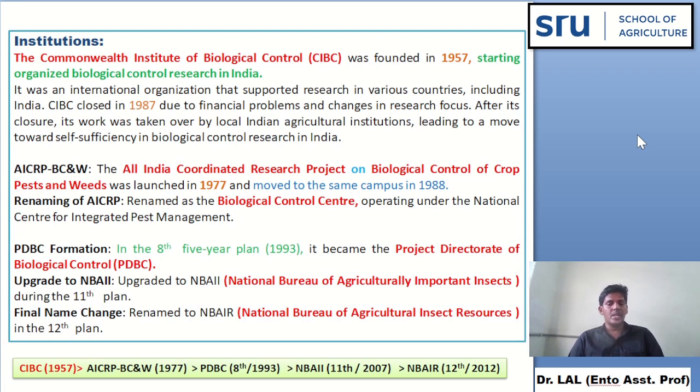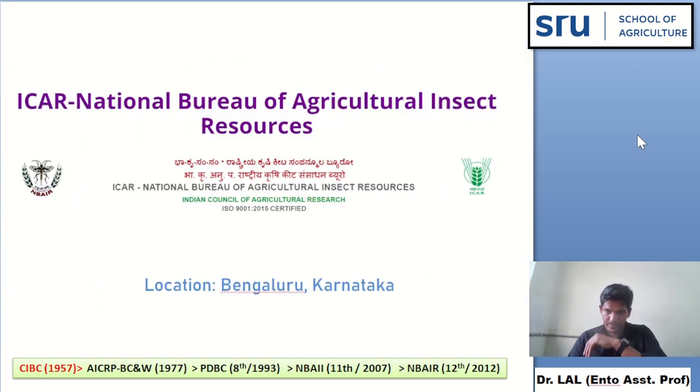Finally, the name changed to NBAIR, National Bureau of Agricultural Insect Resources, in the year 2012 during the 12th five-year plan. NBAIR is located at Bengaluru, Karnataka.